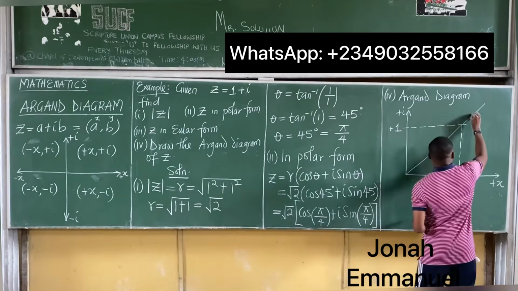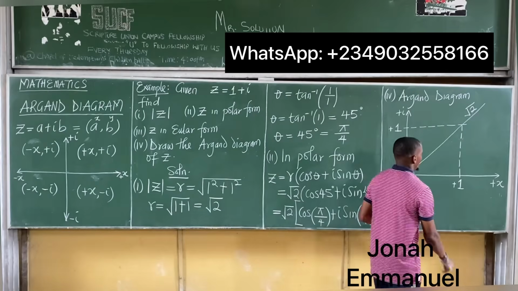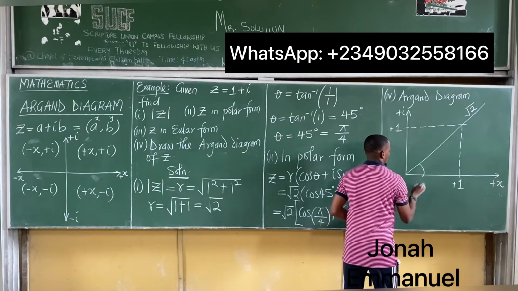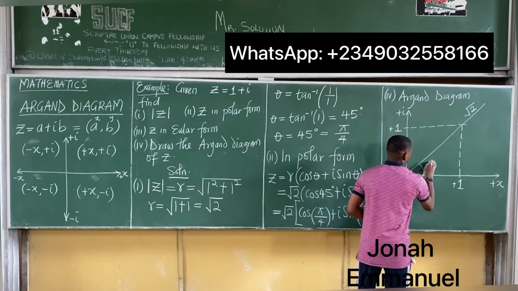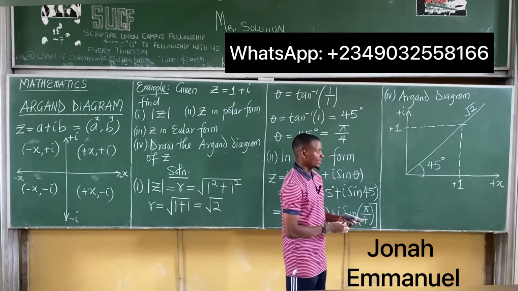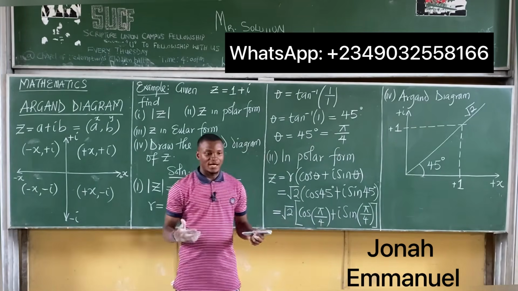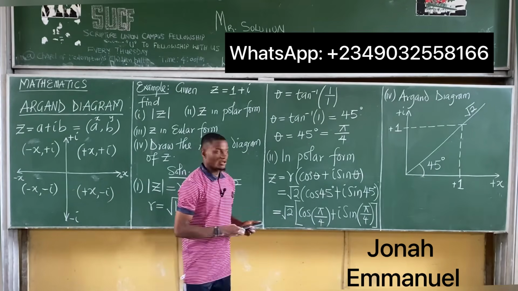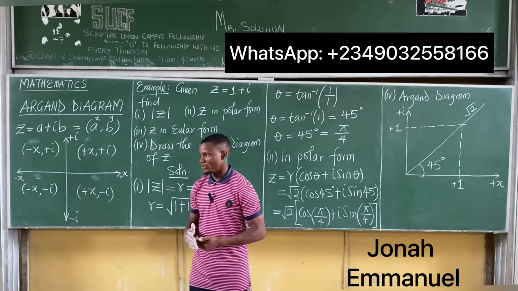The length here should be r, and we've gotten our r as root 2, so root 2 will be here. And finally, the angle here is the amplitude theta, which we got as 45, so I'm having 45 degrees. So this is how I draw the Argand diagram for this question. All right, so this is how we work with Argand diagrams in complex numbers. We'll take one last example and we're done with this.